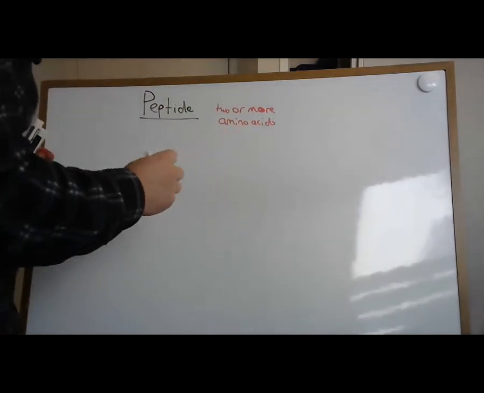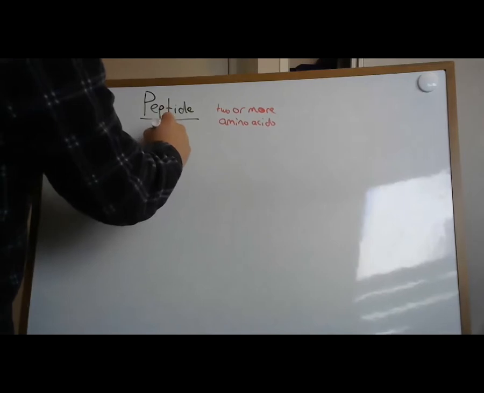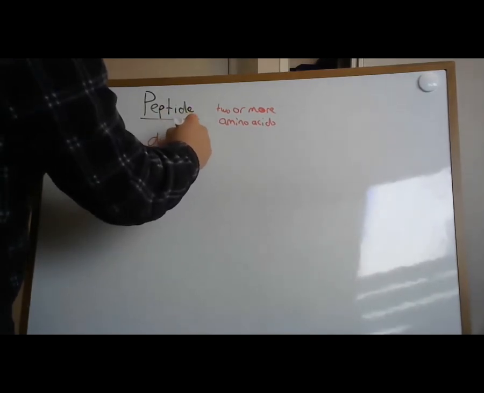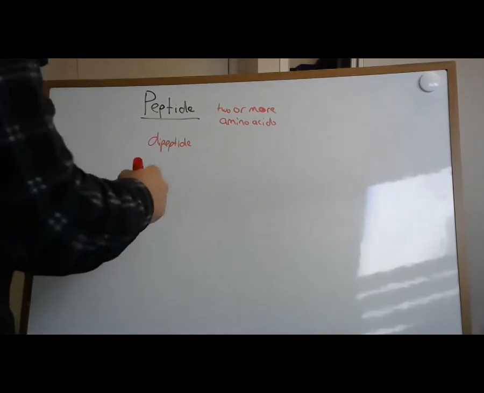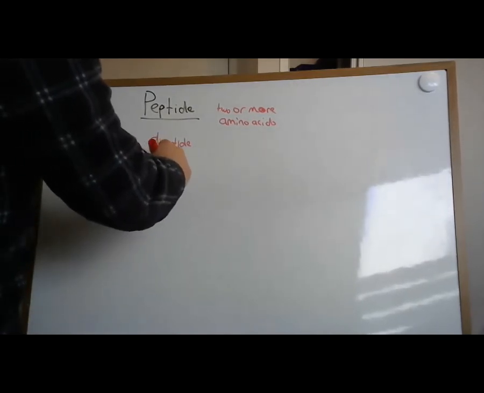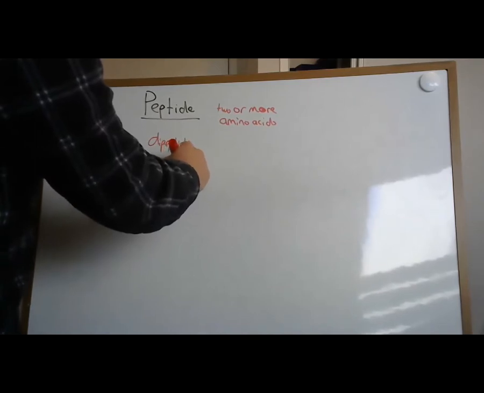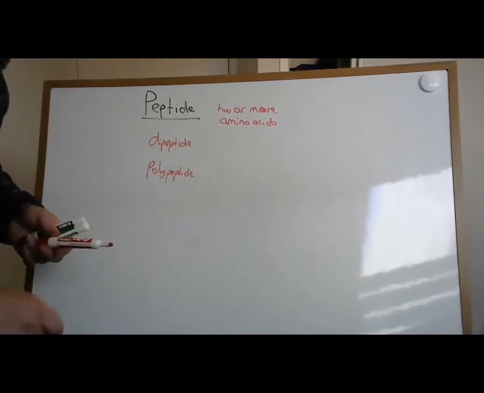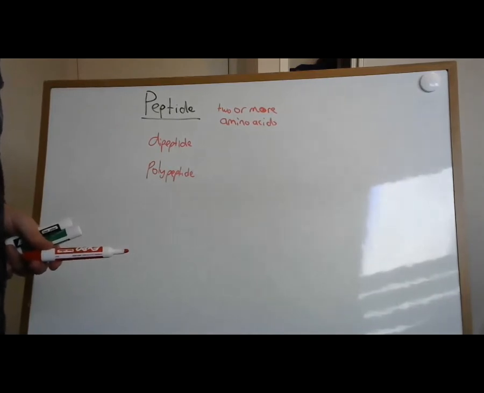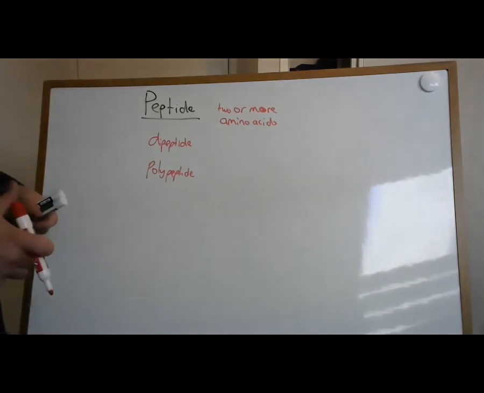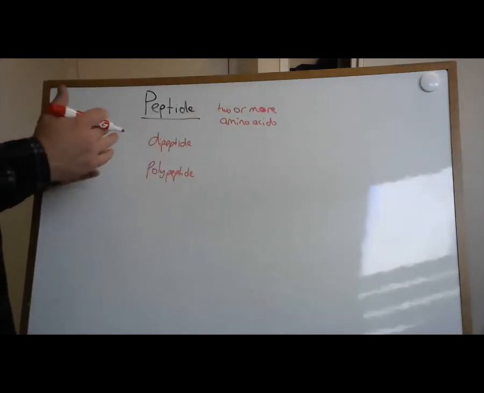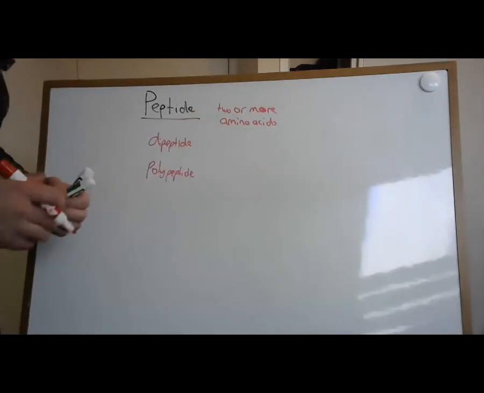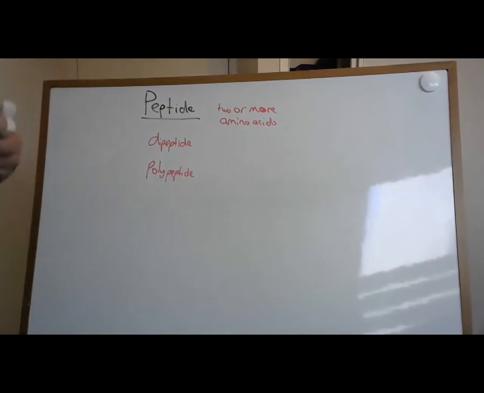So if it's made from two amino acids, we call it a dipeptide. And then anything more than that is a polypeptide. So this isn't a protein yet. It's just a string of amino acids held together by the formation of these condensation reactions.